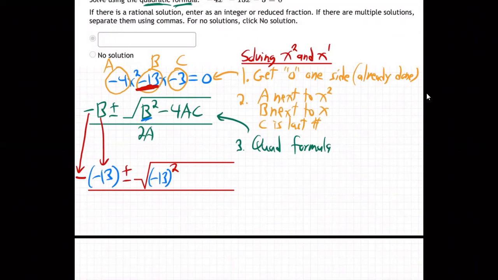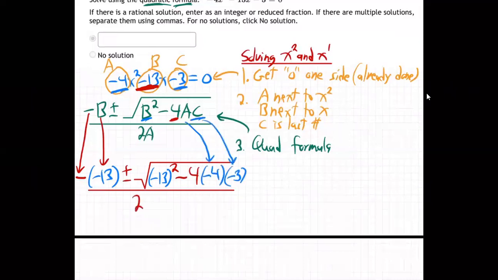Whenever you plug numbers into formulas, use parentheses around what you're plugging in. 4, right here, 4. And now A and C. What's A? A is parenthesis negative 4. And C is parenthesis negative 3. Everybody good there? See that?